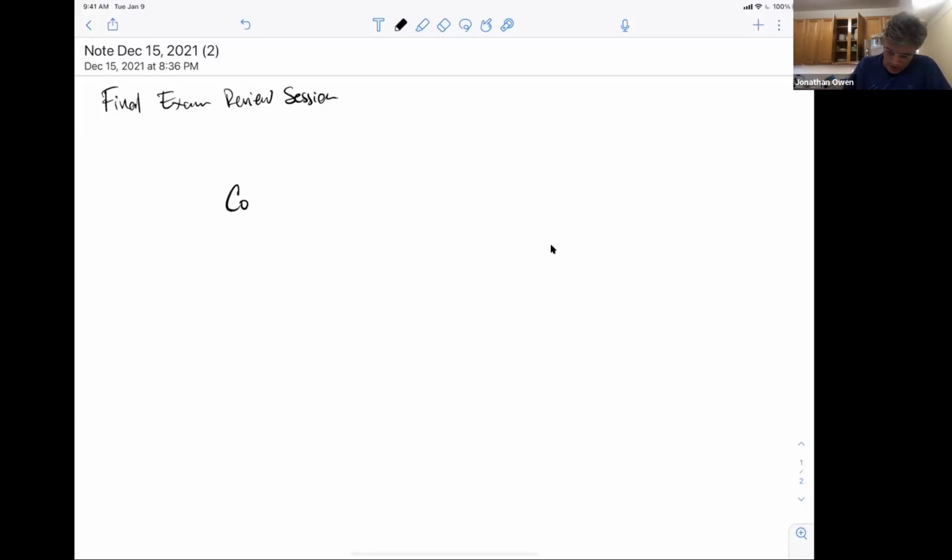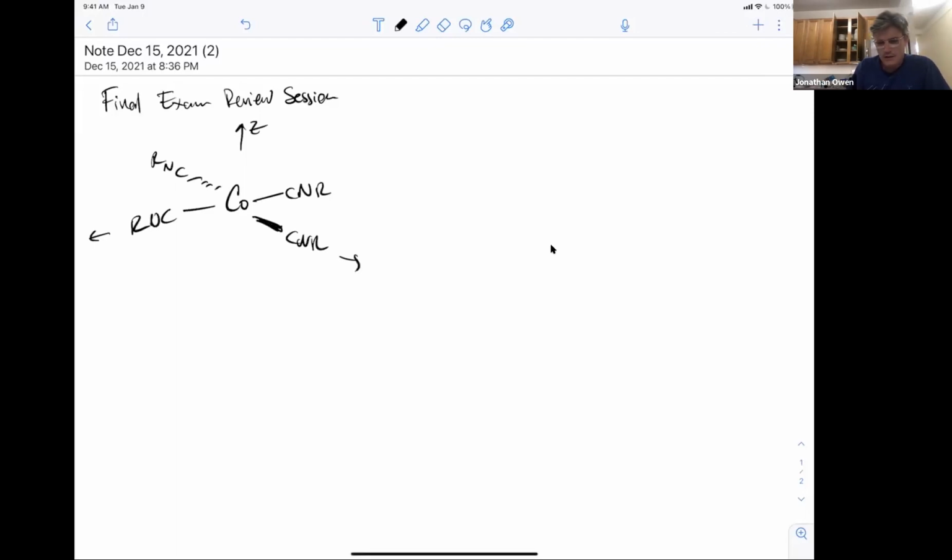So you've got cobalt, CNR, CNR, CNR, CNR. There is your z-axis, and there are your x and y axes.